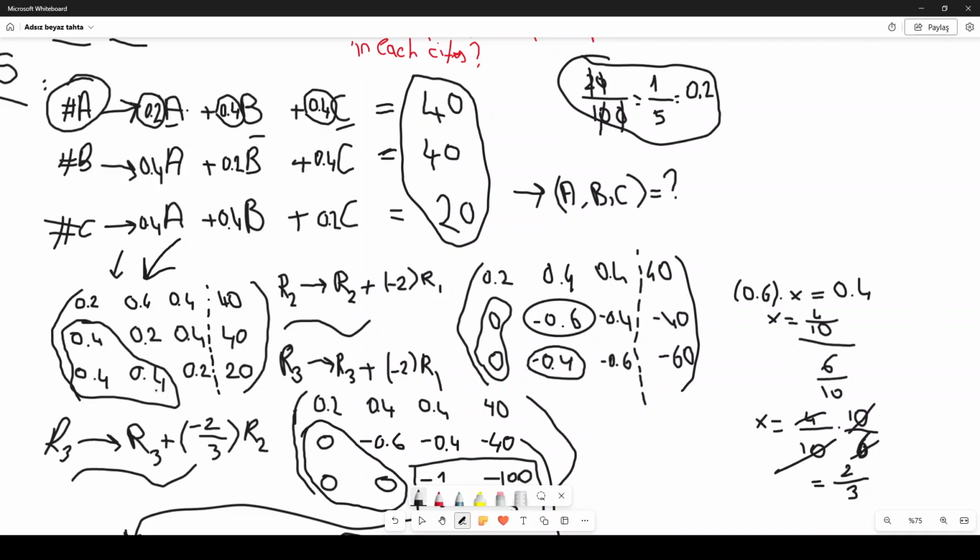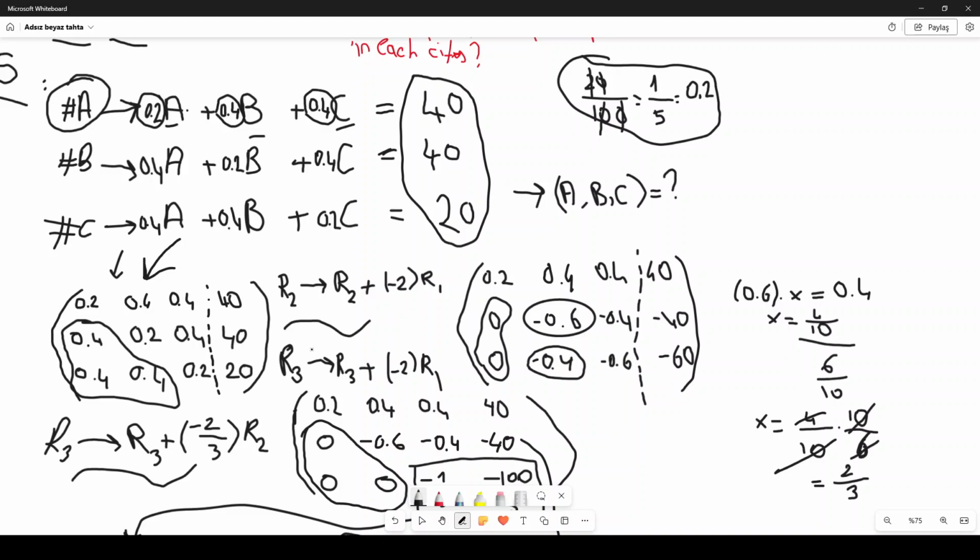But if it is not, we reduce our matrix into the row echelon form, the upper triangular matrix form. So I need to eliminate these values I just circled right here. There are three or four values that should be eliminated. In other words, I need to turn these values into zeros. Again, I apply elementary row operations.